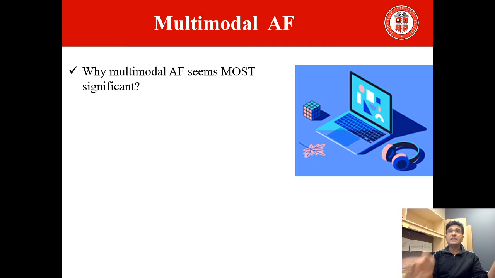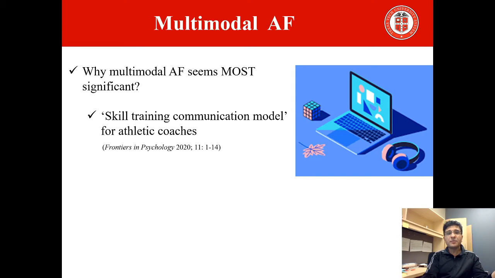However, as far as multimodal augmented feedback is concerned, this is most significant because a combination of auditory, visual, or maybe tactile feedback, if done in combination, proves most efficient and most effective in learning. And these are some of the examples.